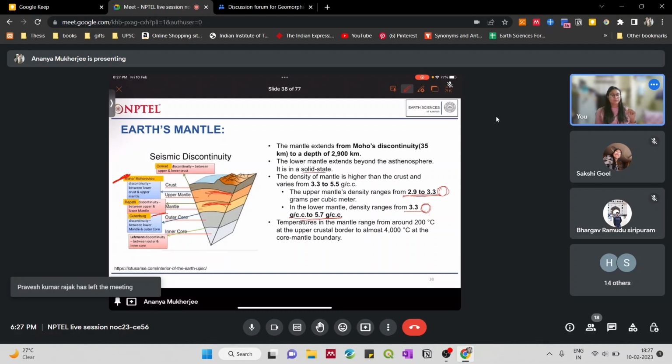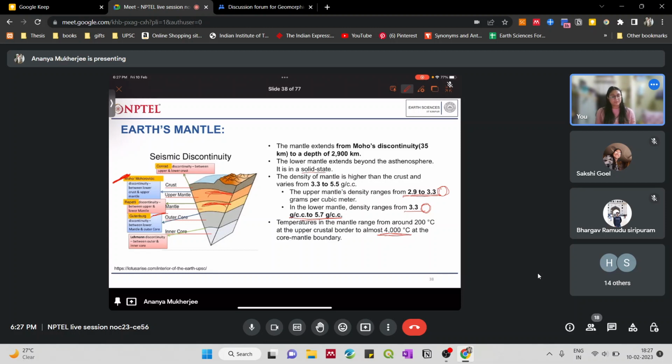So the lower mantle is also partially molten, but it is more towards the solid state. Again, with depth the temperature increases and it can go all the way up to 4000 degrees Celsius at the core-mantle boundary, that is your Gutenberg discontinuity.